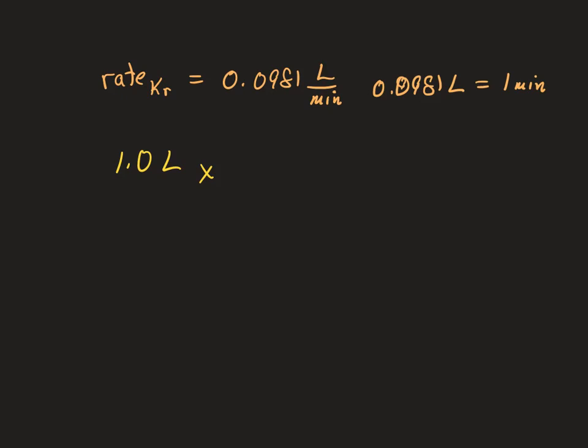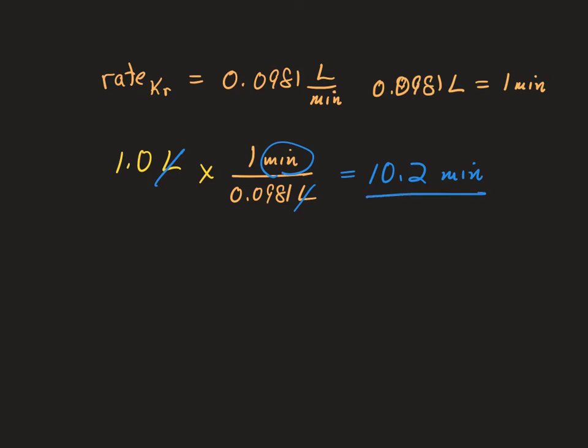So we can put our 1 minute on top, divide it by 0.0981 liters. Liters cancels, leaving us a time unit, and we get 10.2 minutes for 1 liter of krypton to escape. So there's 3 examples of ways we can use Graham's law of effusion in problems.